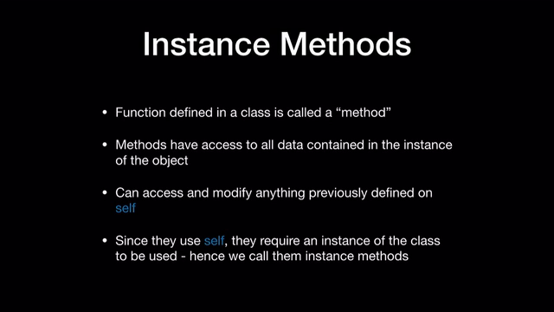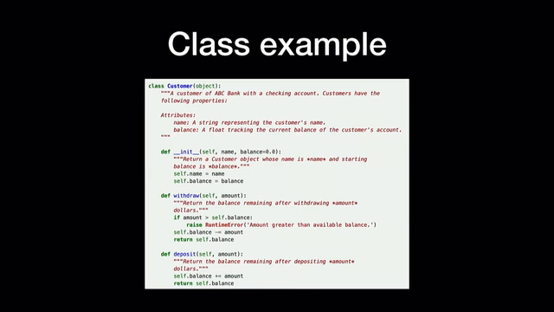They can also access and modify anything previously defined on the instance, which is self. Since they use self, they require an instance of the class to be used. That's why we call them instance methods. So all of these methods here are instance methods. In order to use them, we have to provide the instance. That's why before we did Mario.withdraw, not just withdraw.